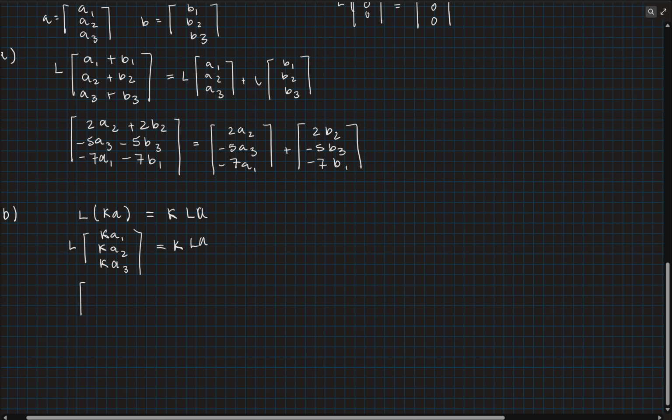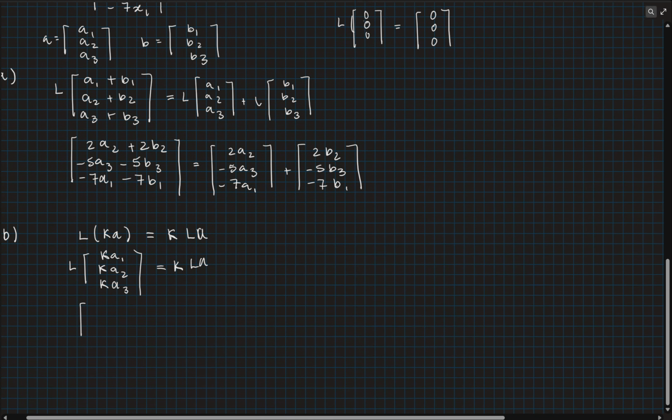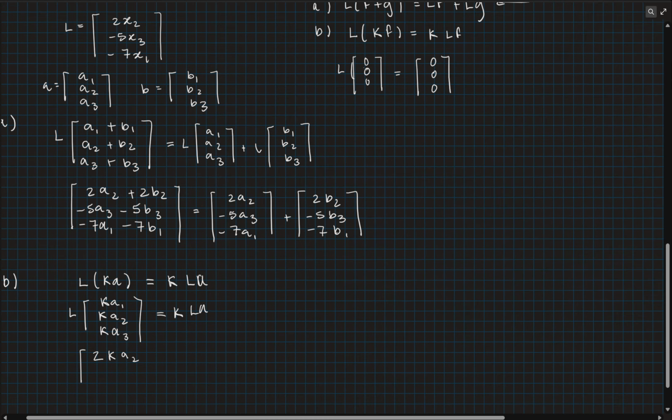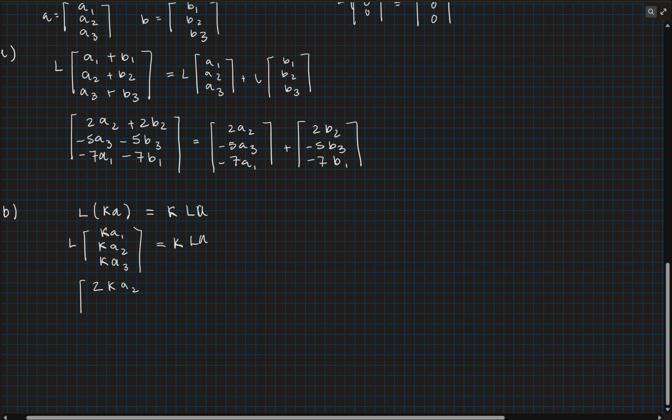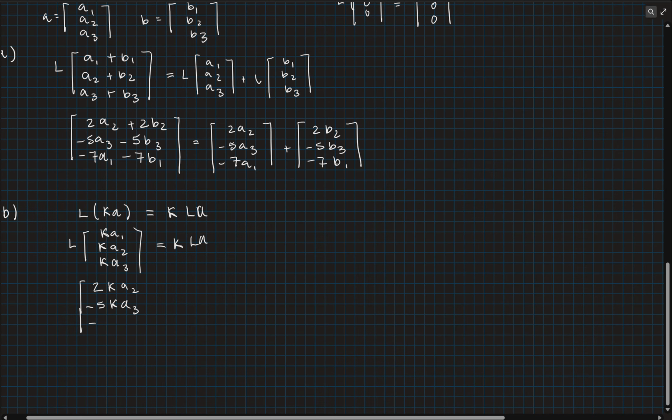Well, our first row is defined by 2x2, so 2 times k a2, and then minus 5x3, so minus 5k a3, and then negative 7x1, so negative 7 times k a1.